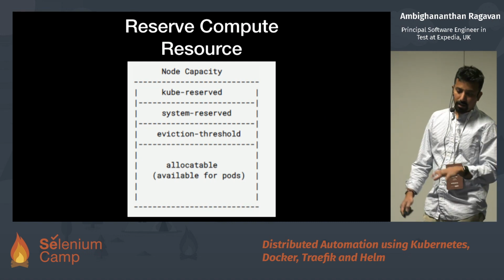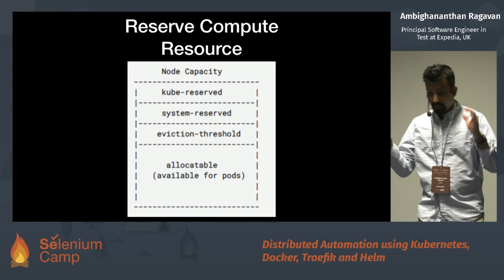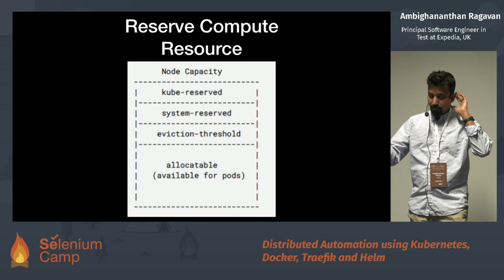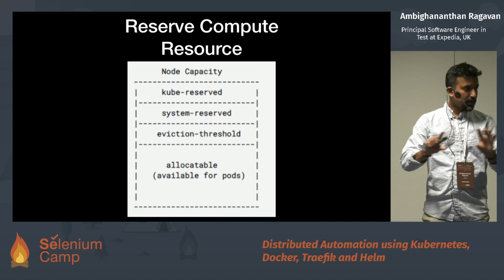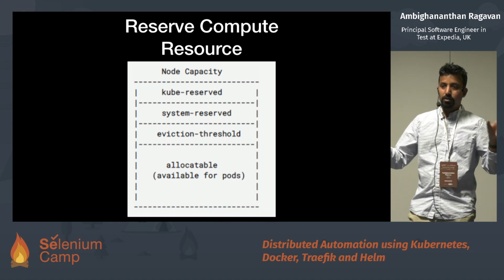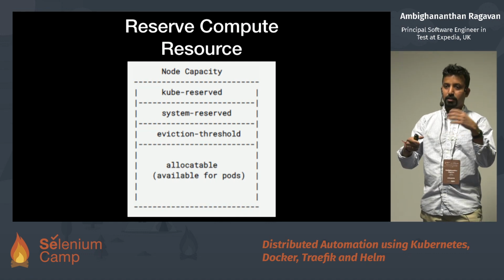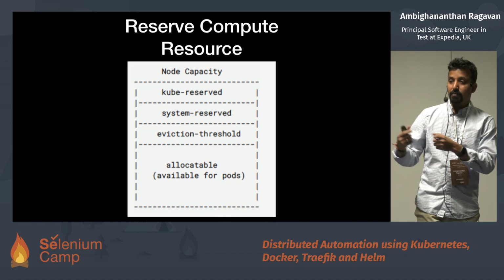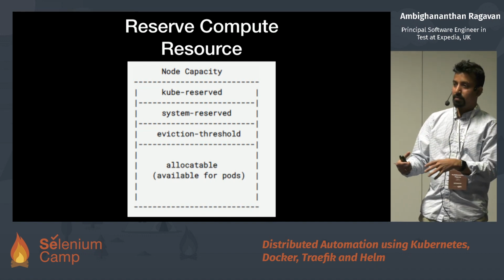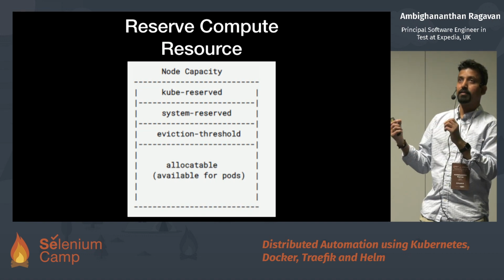And this is also an important thing to understand deeply about how everything is working. As I said, in Kubernetes, you have a worker node, and the worker node always runs two agents, kubelet and kubeproxy, and you have to reserve some memory for them so that they are the lifeline.